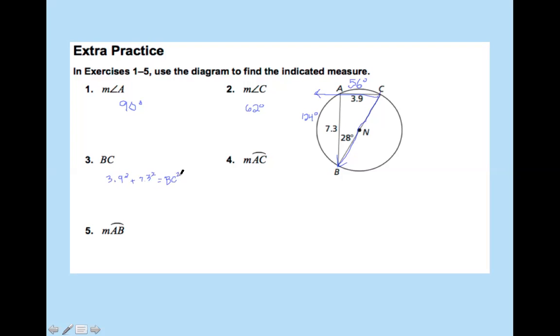All right, so I'm going to do those calculations. I have 3.9 squared plus 7.3 squared. So that gives me 68.5, and that's equal to BC squared.